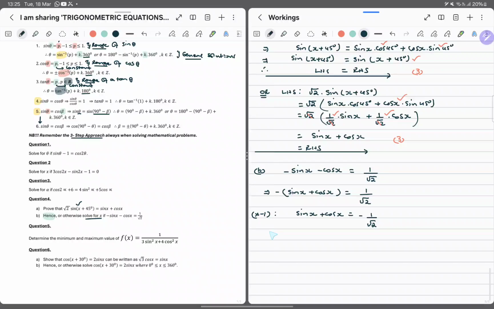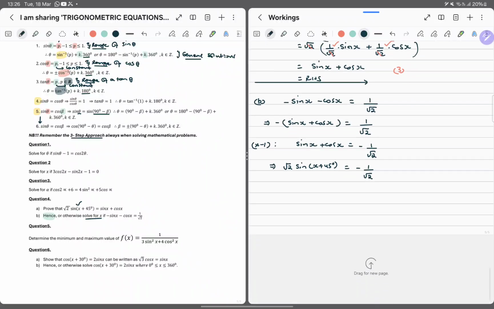So we replace it with that. So this implies that basically square root 2 sine of x plus 45 degrees is minus 1 over square root 2. Okay, so this is good. Now, this is already proving to us that now we can solve for that compound angle.